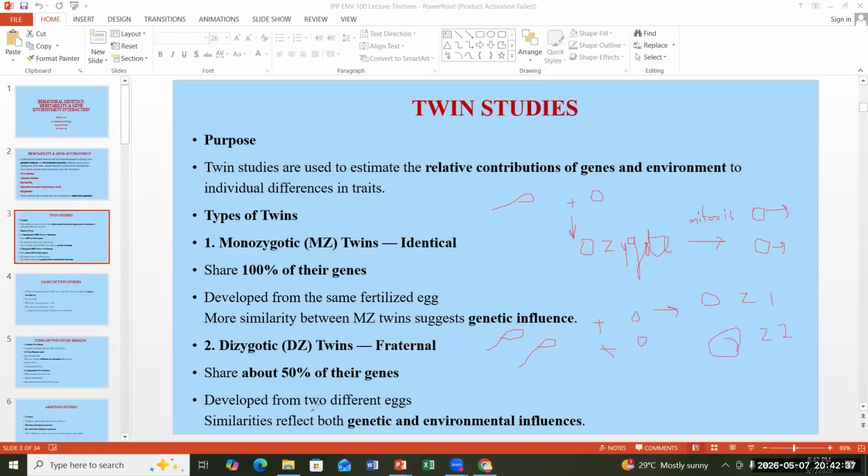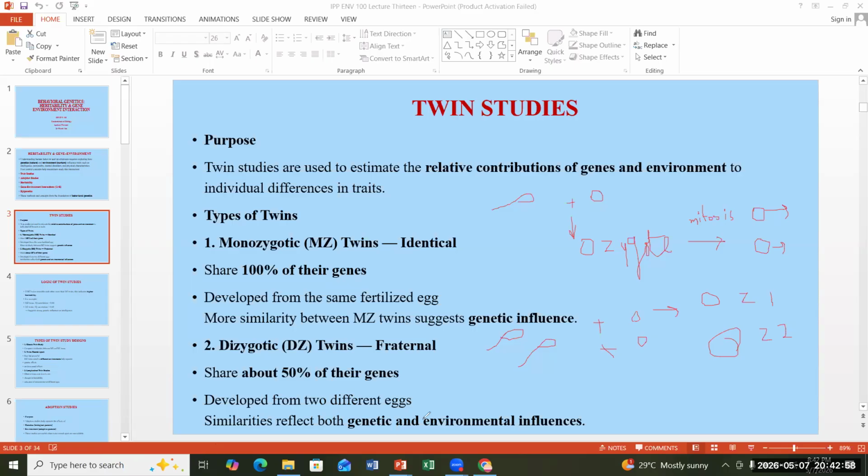And why are they sharing 50% of the genes? Because they are developed from two different sperms and two different eggs. Here it is written developed from two different eggs. It doesn't mean that one sperm is fertilizing two eggs. It is from two eggs and two different sperms.